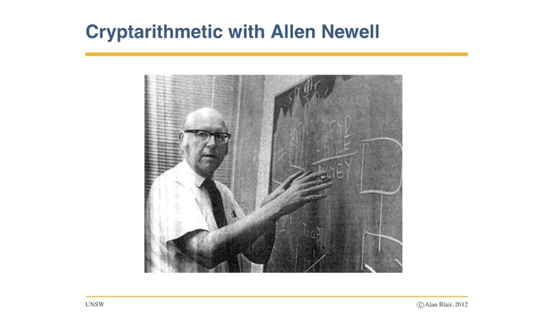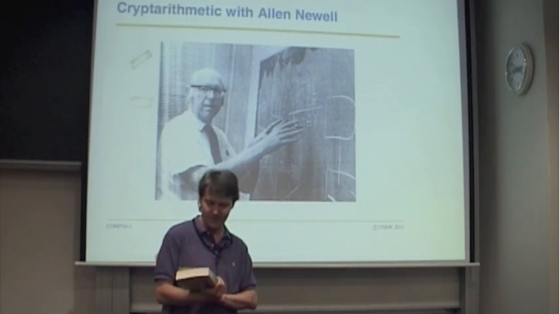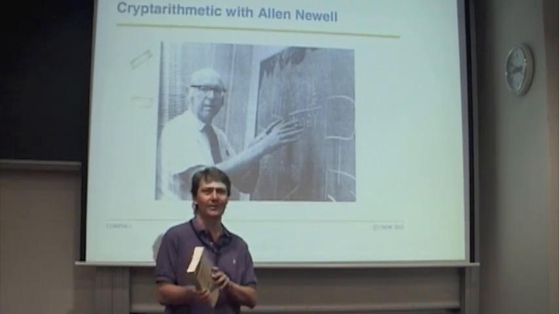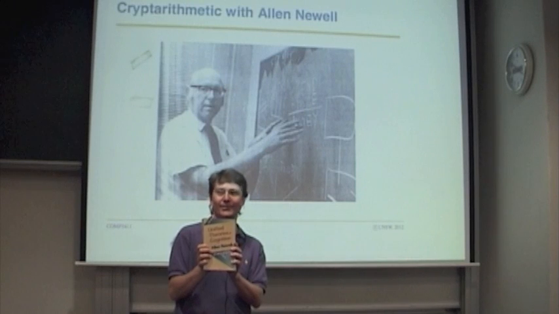Now this is a wonderful picture of Allen Newell, who was one of the founders of artificial intelligence. He and Herb Simon showed up at the 1956 Dartmouth conference with their Logic Theorist program, and he later developed a production system model of intelligence called SOAR, S-O-A-R, and he wrote a book about it called Unified Theories of Cognition.